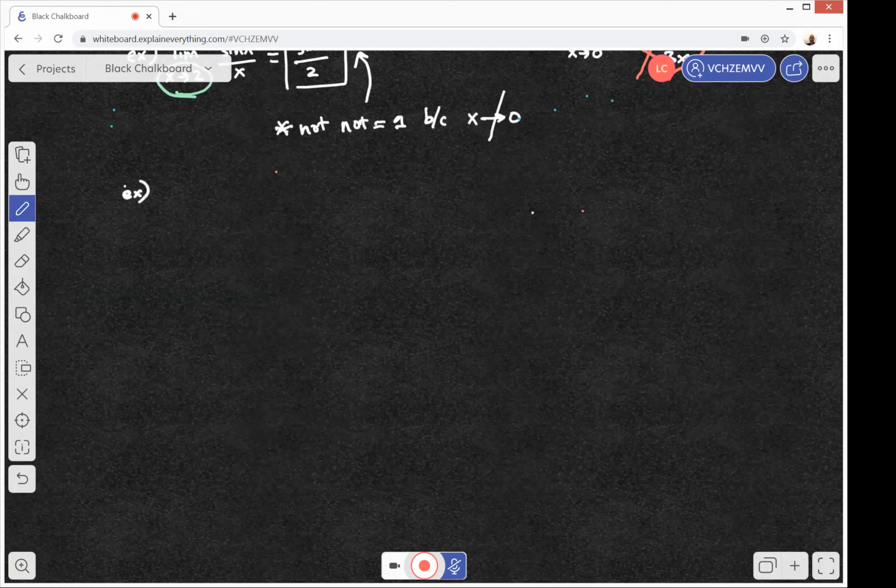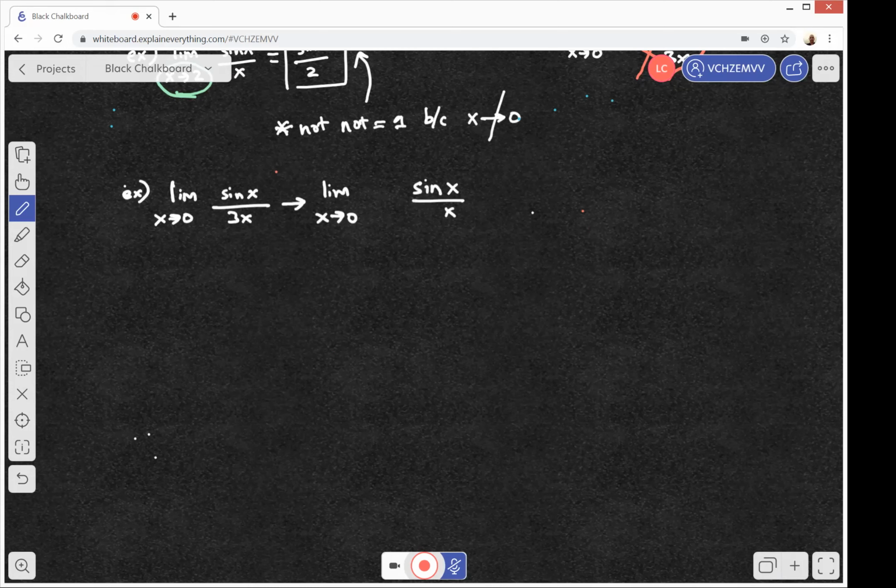Let's start with the limit of sine x over 3x as x approaches 0. What could we do? What we could do is just think differently. We have a match. If you look carefully, there is sine x over x.